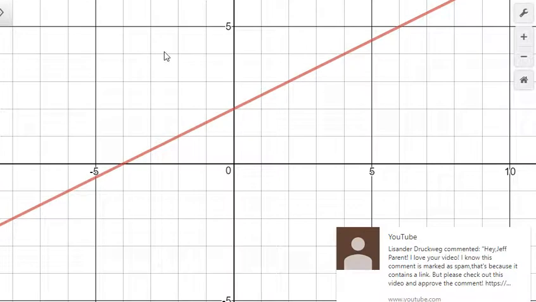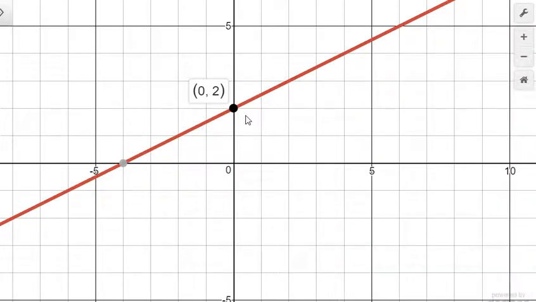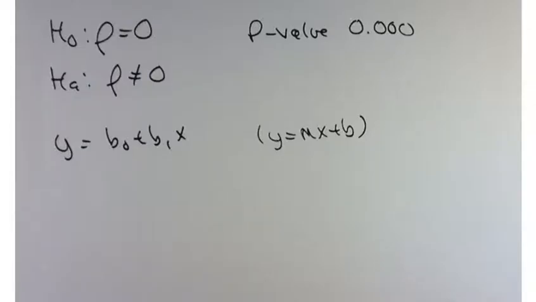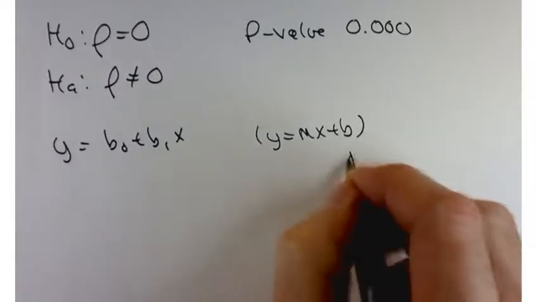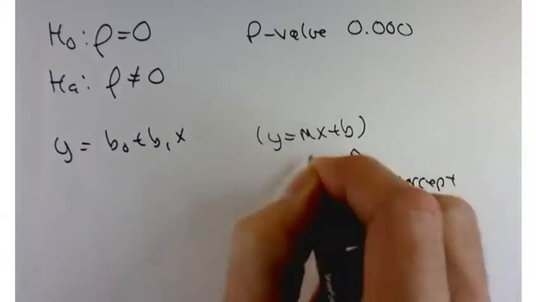Now, the graph touches the y-axis at the point 0, 2. That point is called the y-intercept. So let's see. That is your y-intercept. And the other number here, m, is your slope.